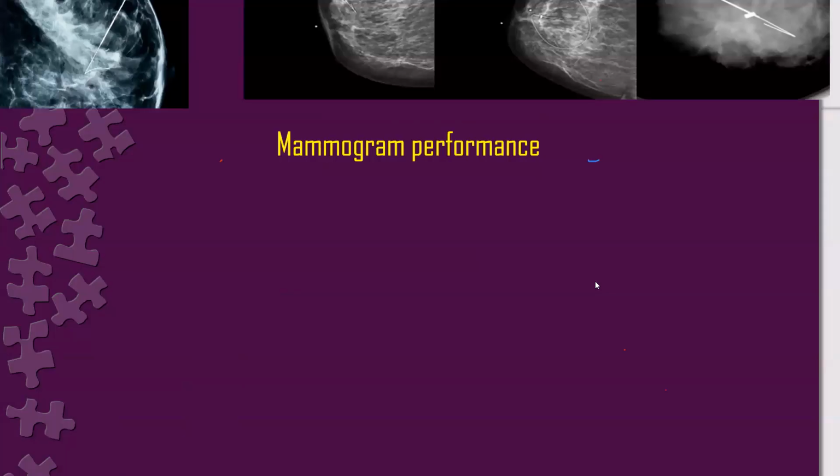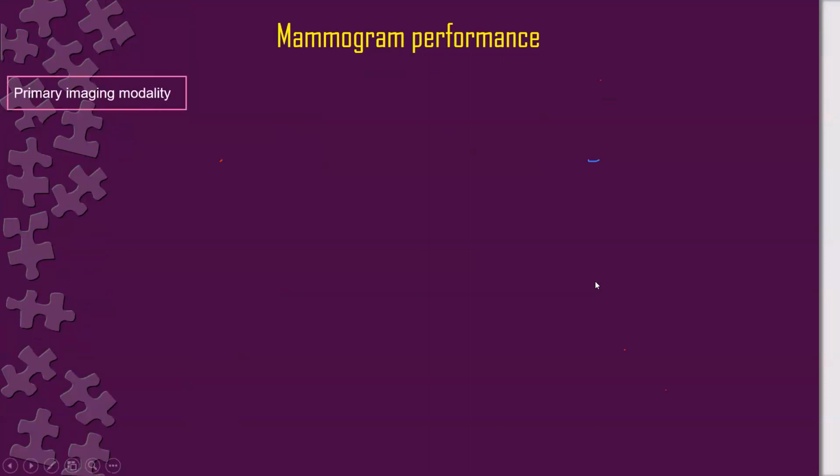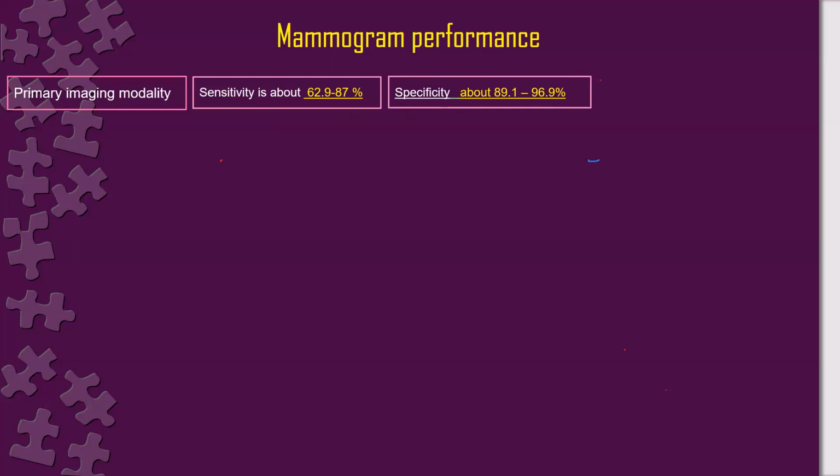Okay, so regarding mammographic performance, as you know, it is the primary breast imaging modality with a sensitivity ranging from 62 to 70 to 87%, a specificity up to 69%, and a positive predictive value up to 55%.